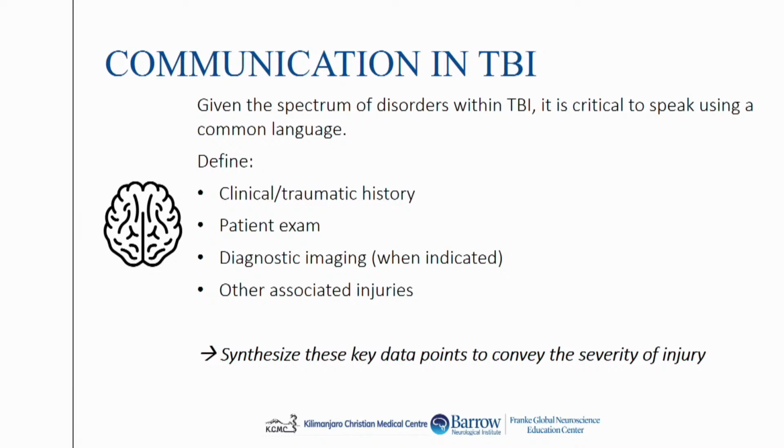For the patient exam, we try to stick to clinical tools that allow us to summarize the patient's status rapidly and that people are familiar with, so that we can quickly communicate, this is my general impression of how this patient is doing right now, without having a lengthy narrative description. Sometimes that's helpful, but usually in trauma situations, time is of the essence, as we know, and we try to rapidly summarize the clinical status using some tools, and I'll cover a couple of our basic ones.